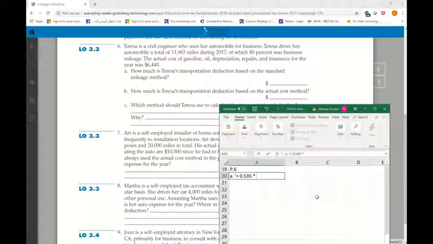The total mileage is 11,965, which includes business and personal, multiplied by 80%, which is business related, and then we'll get the amount of business related transportation cost.